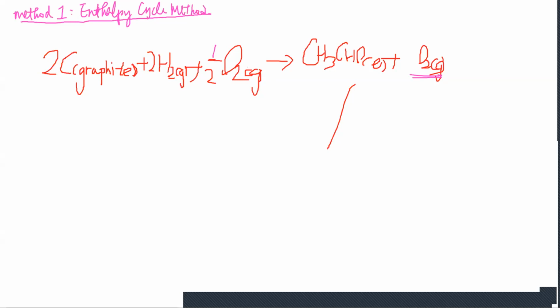Don't worry. If you are going to do the combustion, I will let you write down those items right here.